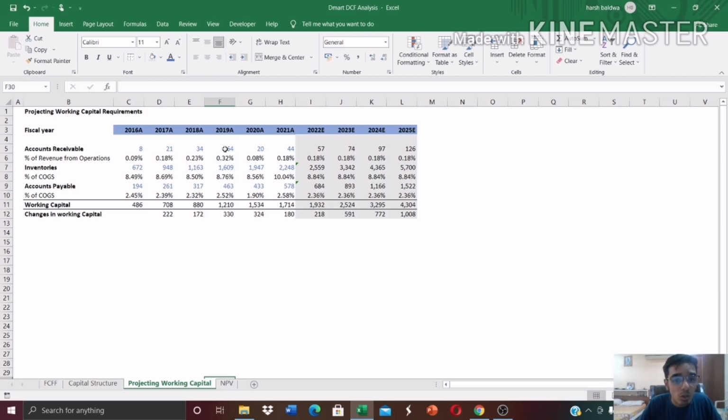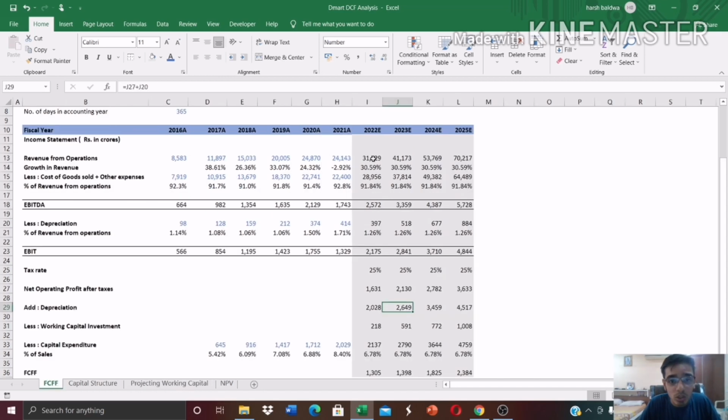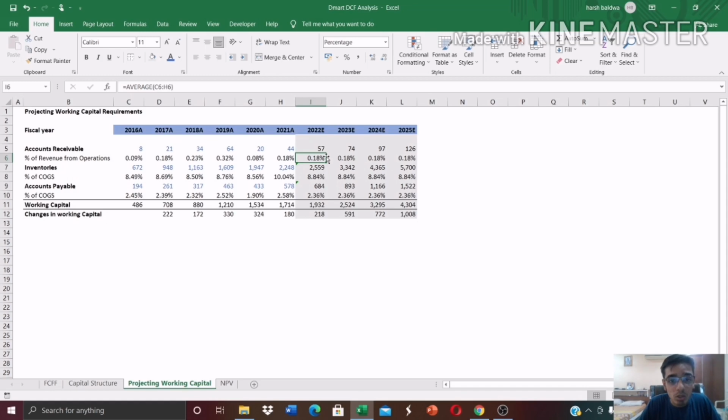You get all these percentages, calculate the average of all of these percentages, which comes to 0.18%, and simply multiply this 0.18% with the revenue that you got in 2022. Is that clear? Simply do that for these years.